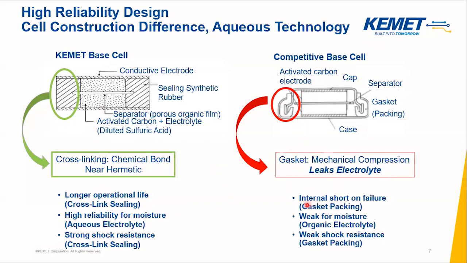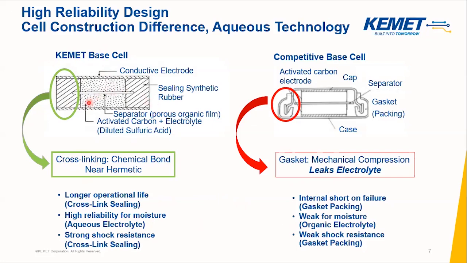And of course, using the gasket type, you can have an internal short or failure, or poor shock resistance. You also have this type of design, which we avoided with our cross-linking construction. Also, because we are using aqueous electrolyte, we have high reliability in moisture or high humidity environments, compared to the organic one, which is quite weak with moisture.